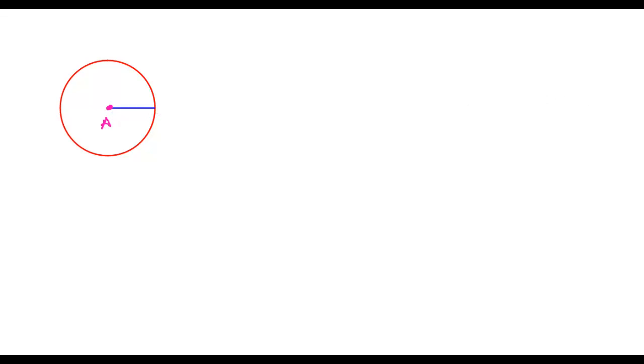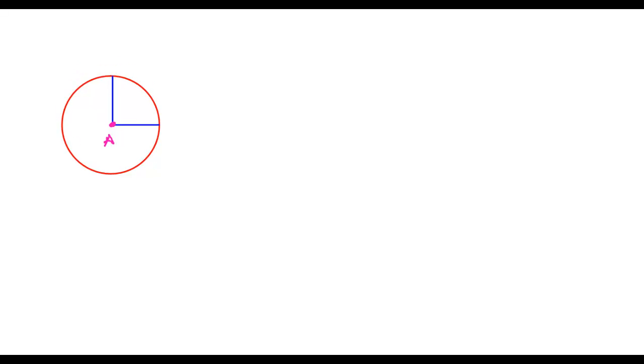So I'm going to have a radius, and I'm going to have another radius like this. So B, C, and I'm going to tell you that this is a right angle and that the radius is 4 units.